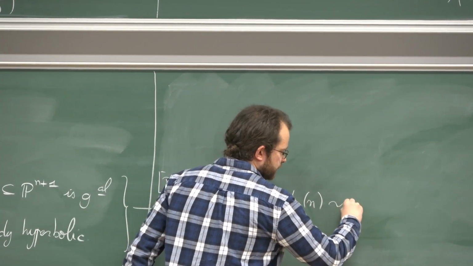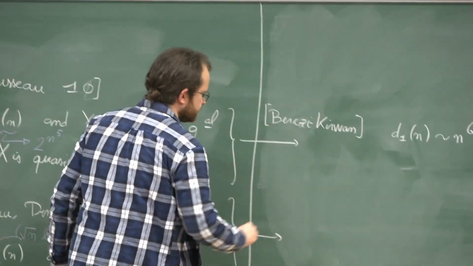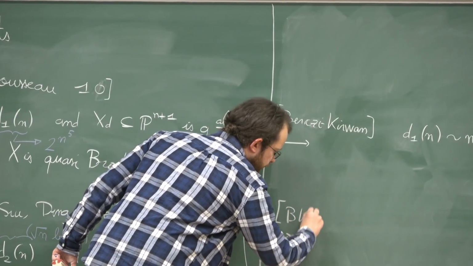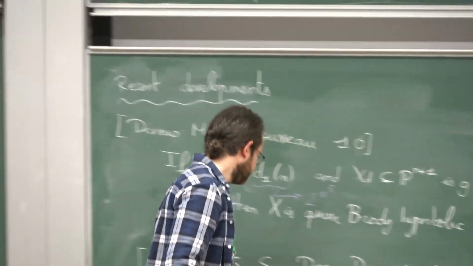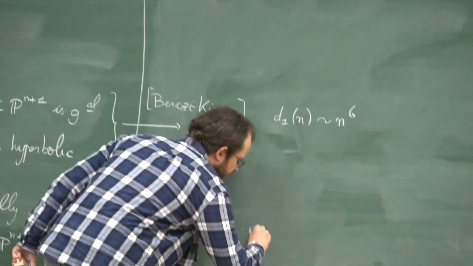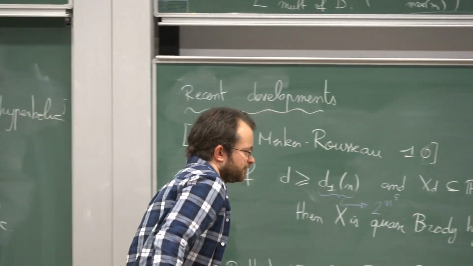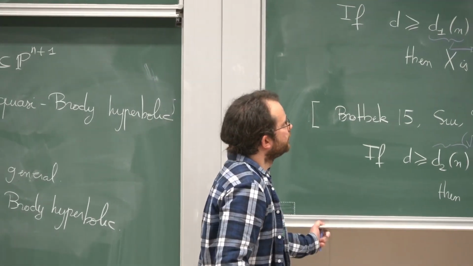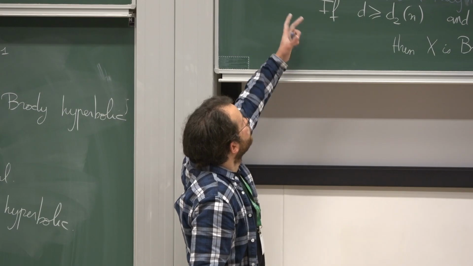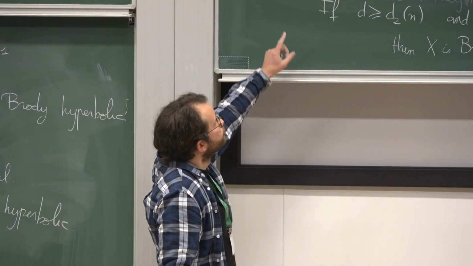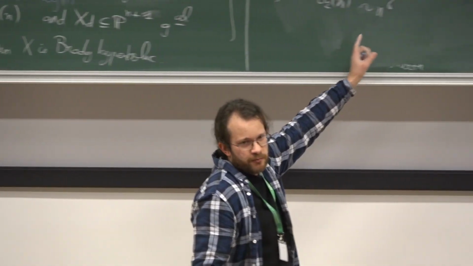Give a new D1(n), growing something like n to the power 6. And similarly here, you get, of course, a slightly larger bound, but which also grows in the same manner. So the fact that these bounds are close to one another is not a random fact. Actually, it was shown by a work of Riedl and Yang that if you are able, using the methods I'm going to introduce, to prove the first one of these results, then you can prove the second one by slightly increasing the bound.